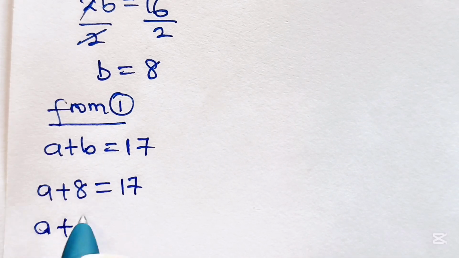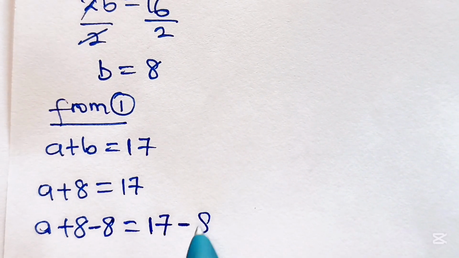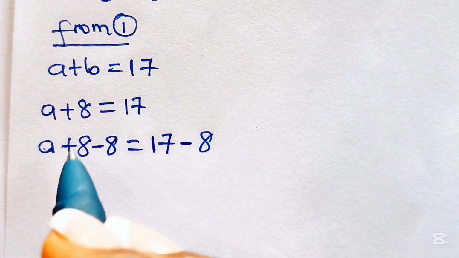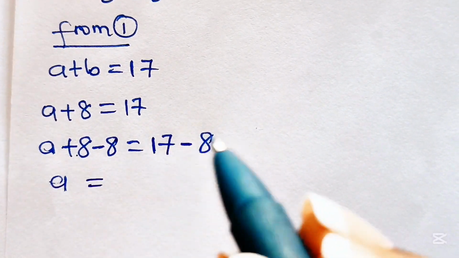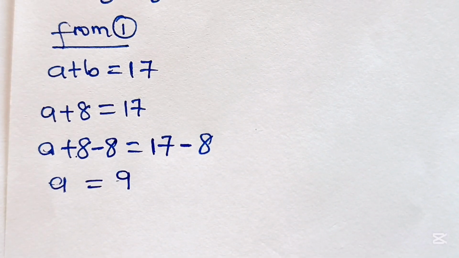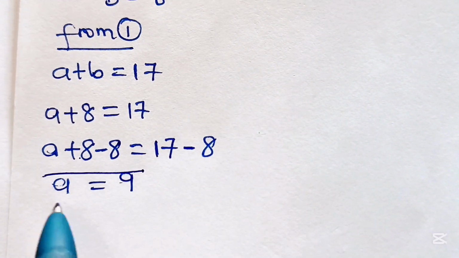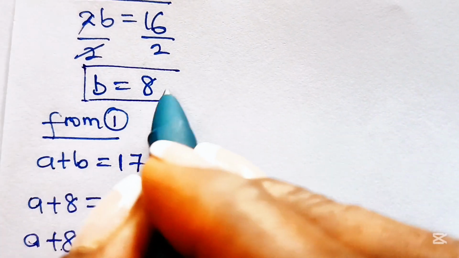Now a plus 8 minus 8 is equal to 17 minus 8. So a plus 8 minus 8 is 0, is equal to 17 minus 8, which is 9. All right. So that means that our a is equal to 9 and our b is equal to 8.